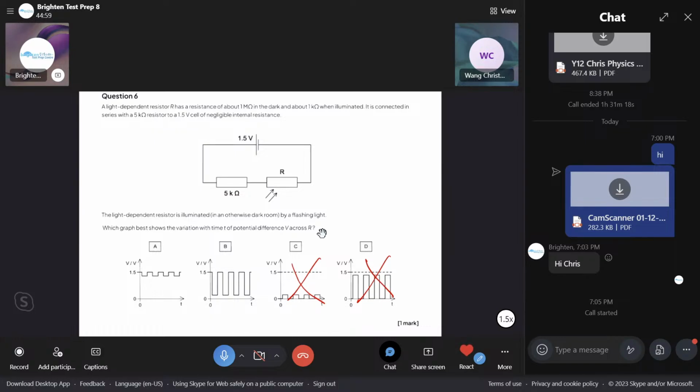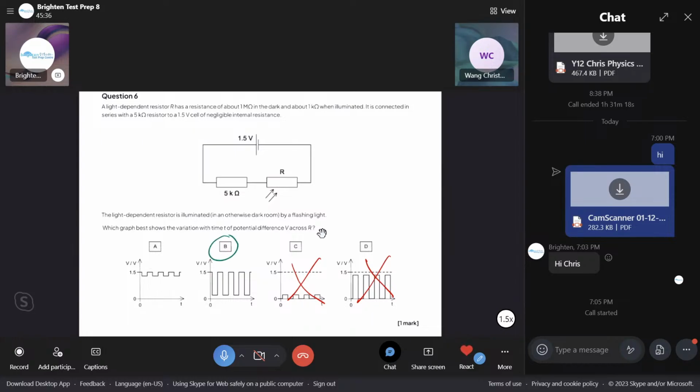On B, it's more accurate because now it's 1k ohm, and it's 1 to 5, which means that it only gets 1/6 of the 1.5 potential difference EMF. Okay. So which pattern would you say it is according to that? B. B, right? Okay. And that's correct.